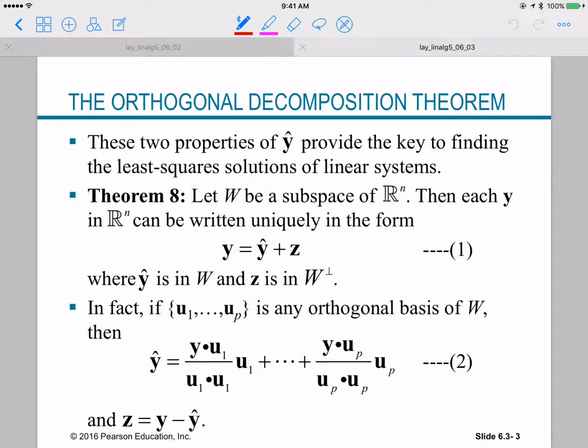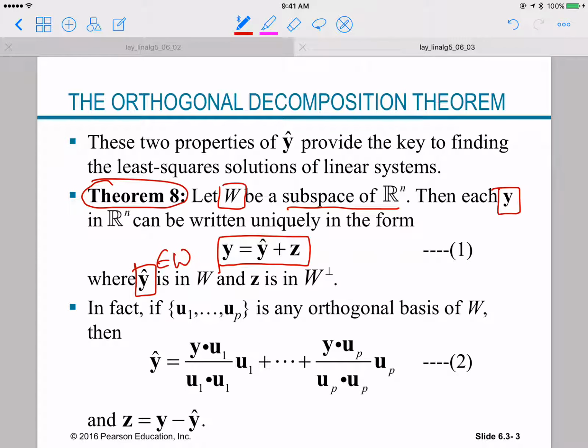Let's formally state that, and that is Theorem 8. Theorem 8 says, suppose W is a subspace of R^n, then you pick up one particular y, then y can be written uniquely in the form y = y hat + z, where y hat is in W and z is in W perpendicular.